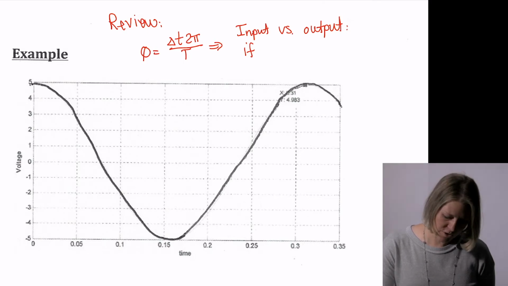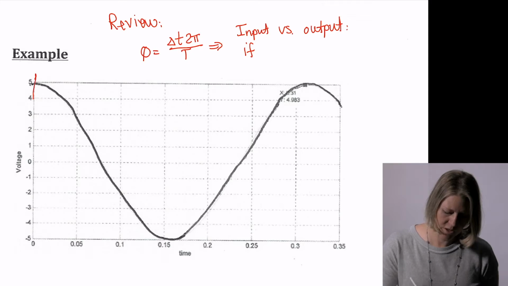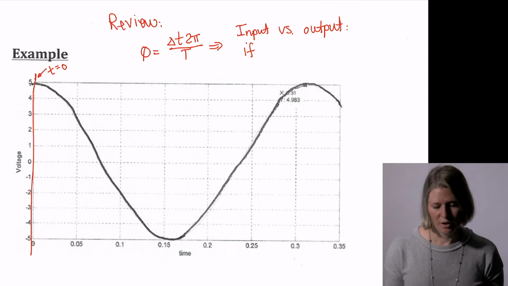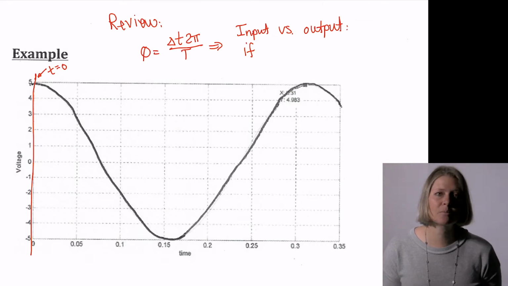If it's not shown, that would mean we would be comparing it at time equals 0, when our input signal has been put into the system. So we would compare the peak value shift from that point.